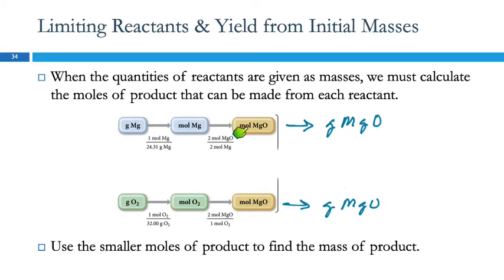We'll go from grams to moles of product to mass of product. The other ingredient, oxygen, grams to moles to mass of product. And then we're just going to choose the smaller. Choose the smaller answer. If we want to know which is the limiting reactant, let's say this one was smaller. The limiting reactant is the one that gives us the smaller number.